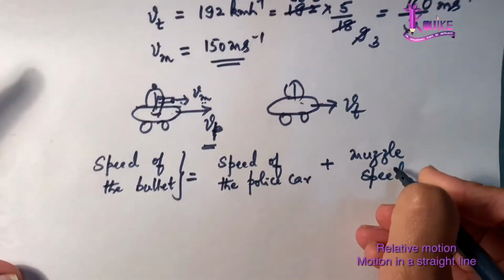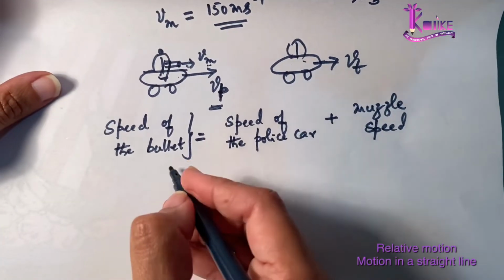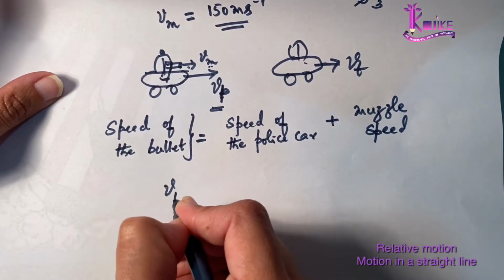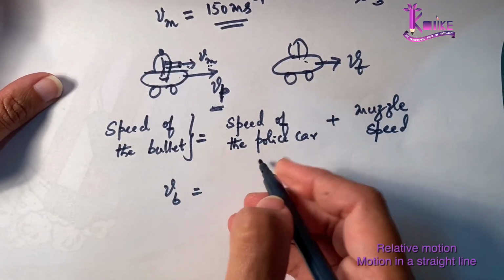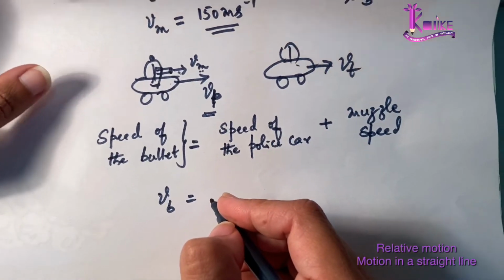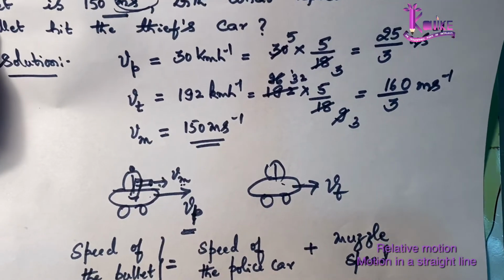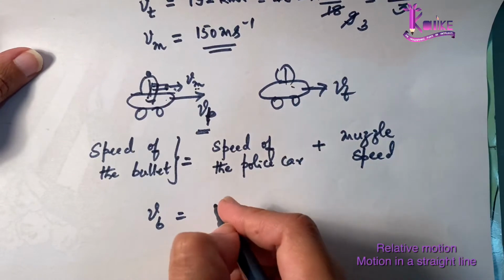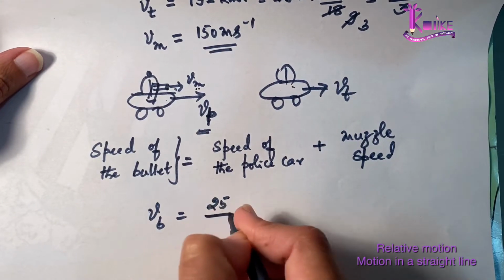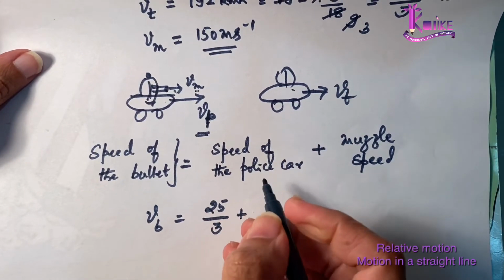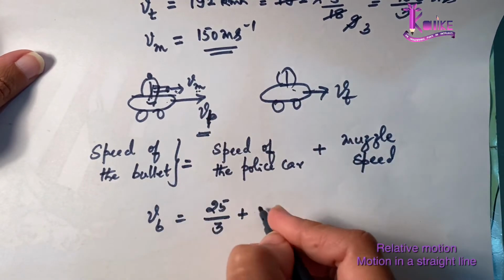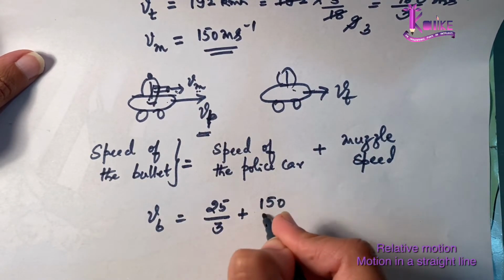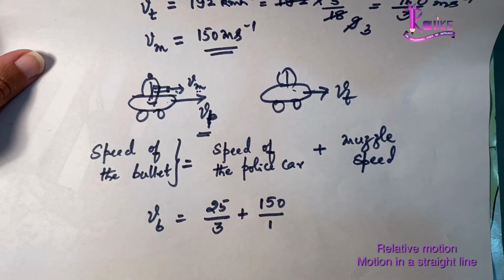So we know these quantities. Now if I represent the speed of the bullet as Vb, the speed of the police car is 25/3 meter/s. So I just substituted here, which is 25 by 3. And the muzzle speed is 150. So this is 150 divided by 1.